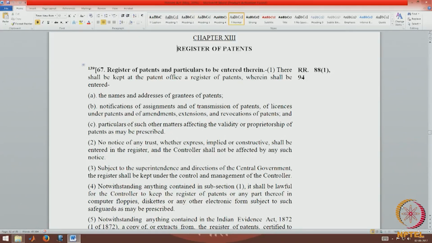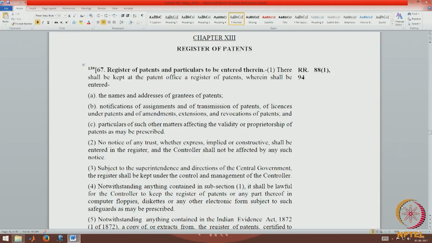Particulars of such matters affecting the validity or proprietorship of the patents as may be prescribed. Now, if a validity challenge is made on a patent in an infringement suit and the patentee succeeds in declaring that the patent is valid, there is a provision that a certificate of validity can be issued under the Act. All these things would be entered in the register.